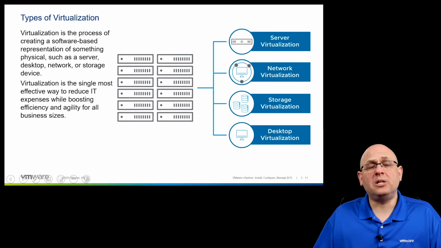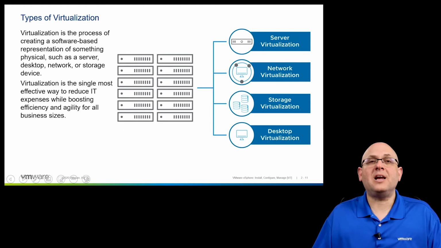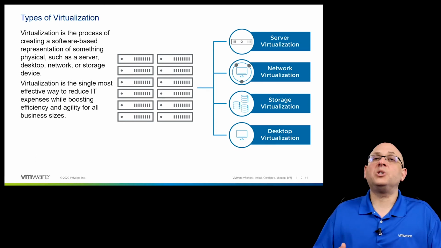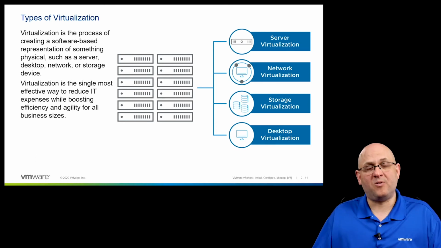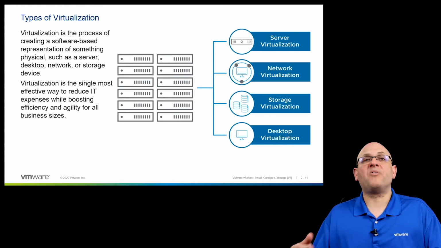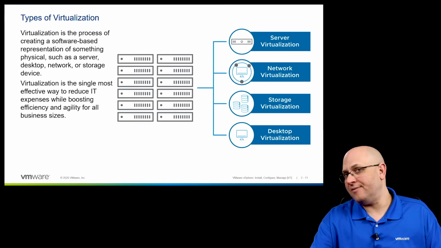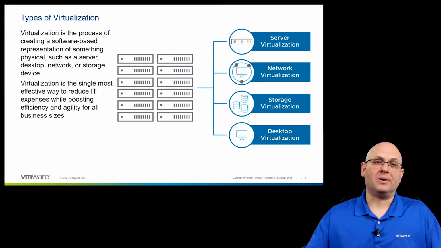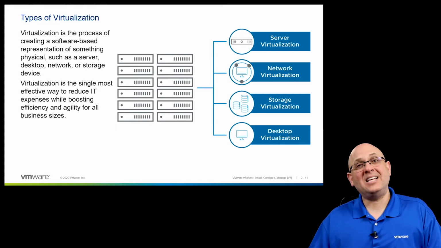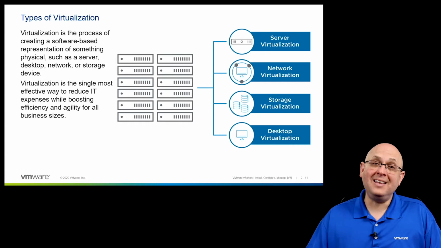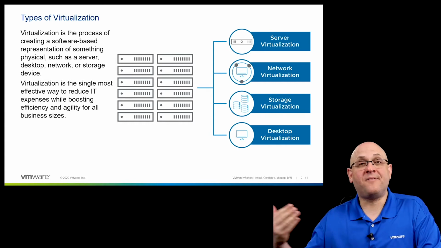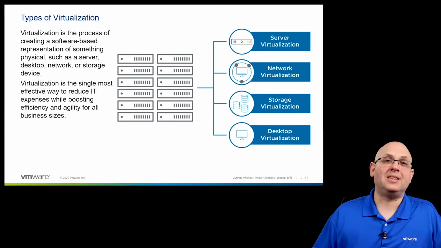Other types of virtualization include desktop virtualization, where instead of running server-based operating systems like Windows Server, we're actually going to do desktop type virtualization like with Windows 10 or even with Linux, where instead of physical machines in front of users like laptops or desktops full of CPU and memory, we'll just give our users essentially a dumb client or a thin client that allows them to connect very nicely to a virtual machine running the applications that they need.